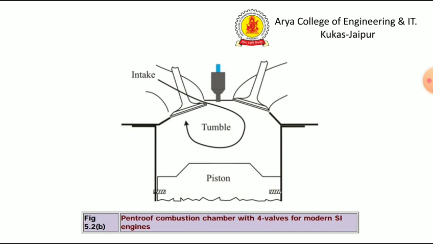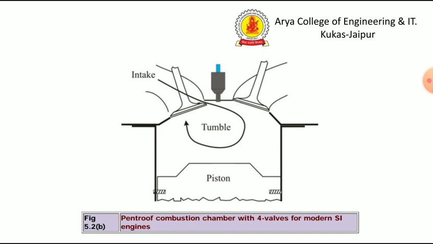And in pent-roof type, the combustion chamber is shallow compared to the hemispherical combustion chamber, and it has somewhat higher surface to volume ratio. However, the pent-roof combustion chamber is a good compromise between compactness of the combustion chamber and use of multiple valves. A shallow angle pent-roof type combustion chamber allows optimum valve size and their positioning in the multi-valve engine configurations.